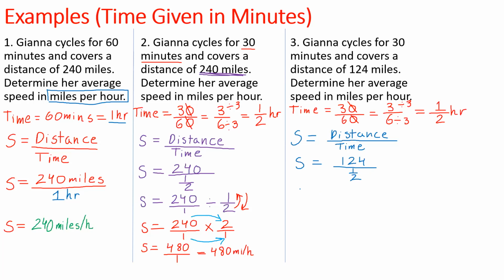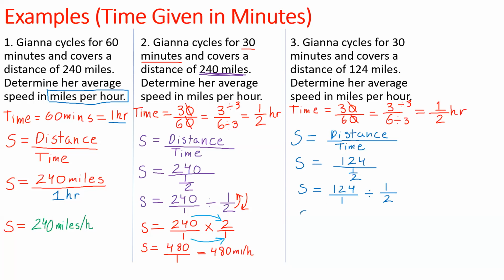And what do we do at this point? We have to change 124 into a fraction by putting it over 1. So 124 all over 1 divided by 1/2. Now we have two fractions. How are we going to divide these two fractions?